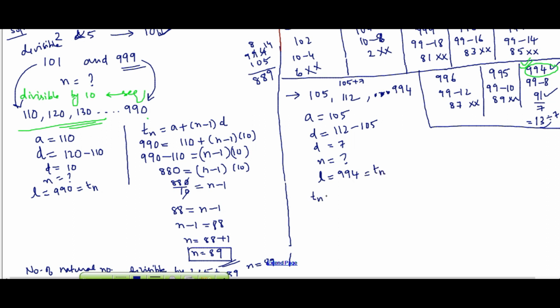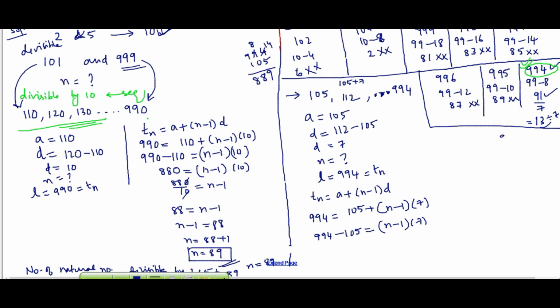Now apply the formula. Tn is equals to a plus n minus 1 into d. So Tn is how much? 994 is equals to 105 plus n minus 1 into 7. So 994 minus 105 is equals to n minus 1 into 7. So it will become how much?